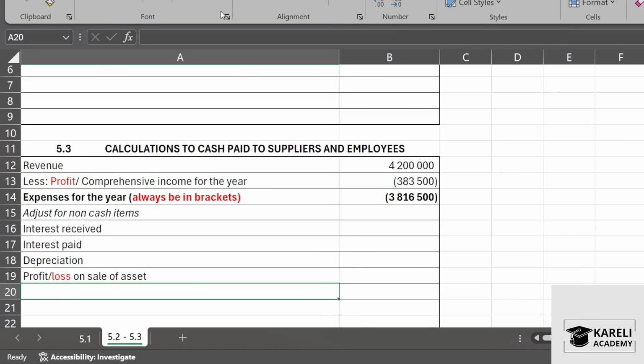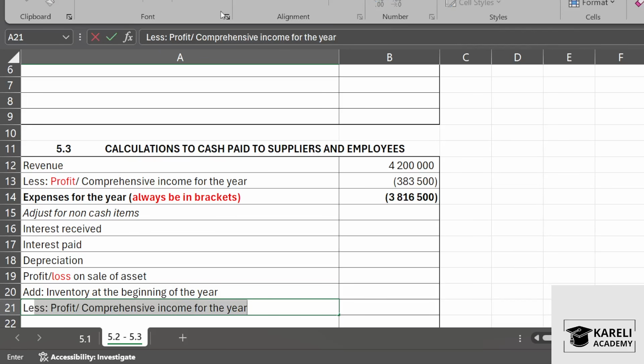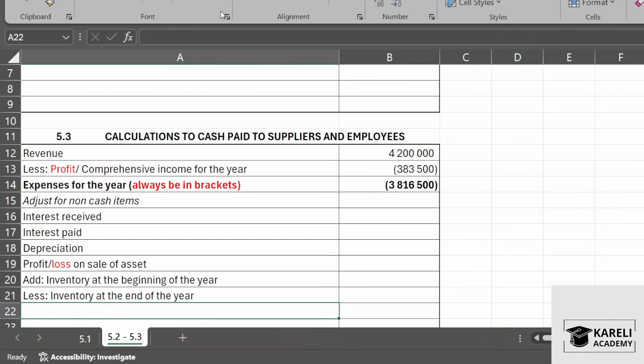And then what else? Also the inventory. Now it's an asset. You write inventory. Remember, for assets we add the opening balances. So it's inventory at the beginning of the year, and we less inventory at the end of the year. Then we should also have the trade payables. Now, trade payables are liabilities.